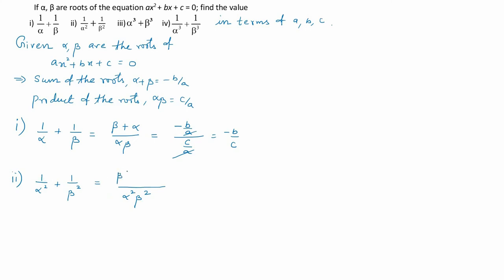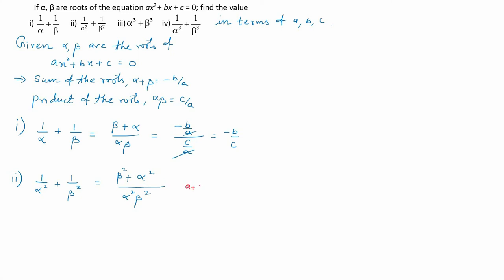Beta square into 1, and alpha square into 1 here will be alpha square. So we have alpha square plus beta square in the numerator, but we don't have the value of alpha square plus beta square. We have the value of alpha plus beta here. So what we can do here is we can use the formula.